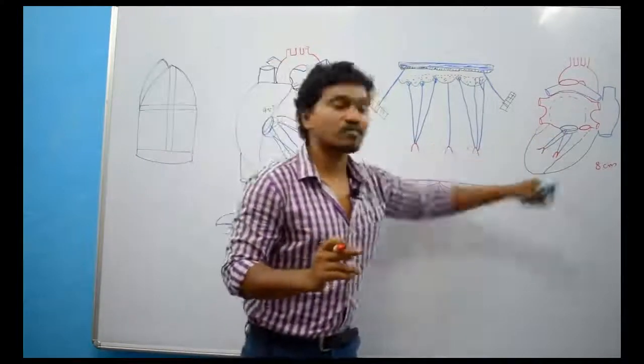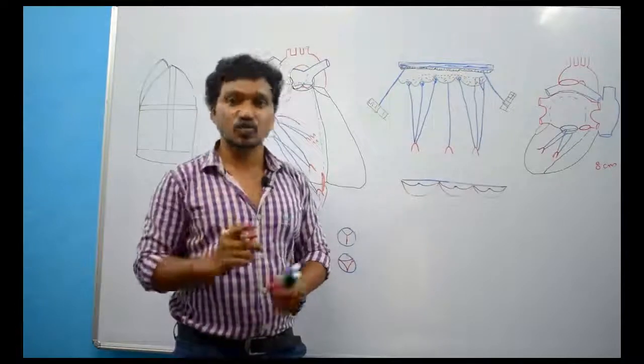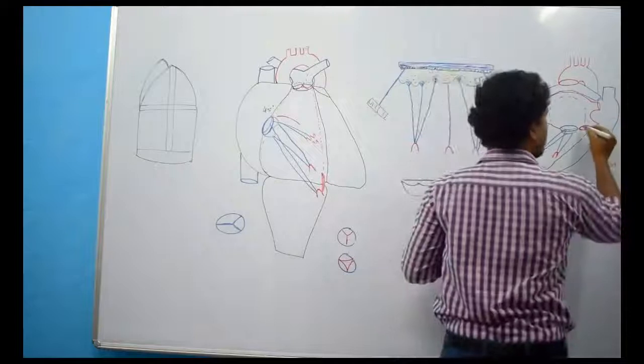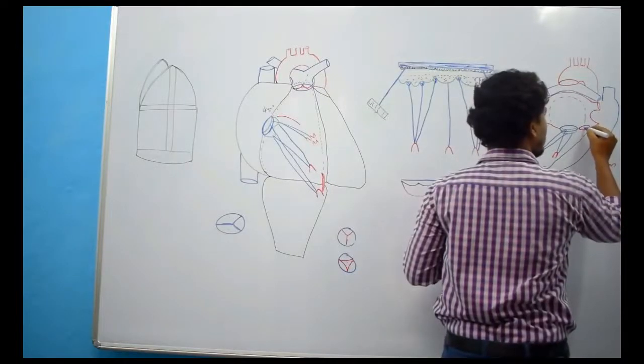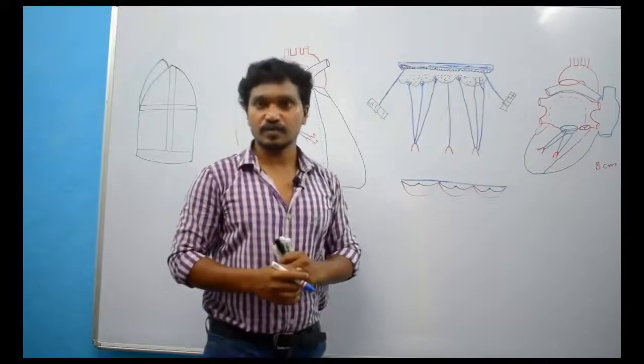But in case of the aorta, anteriorly 1 leaflet, posteriorly 2 leaflets. So that is the only difference.